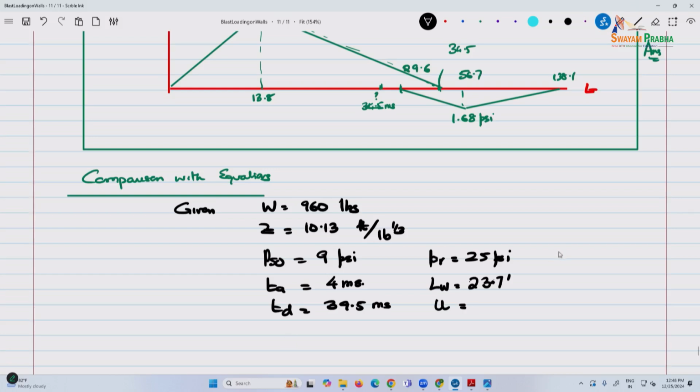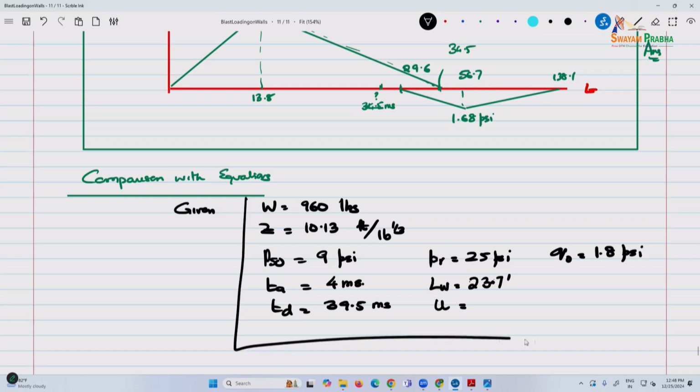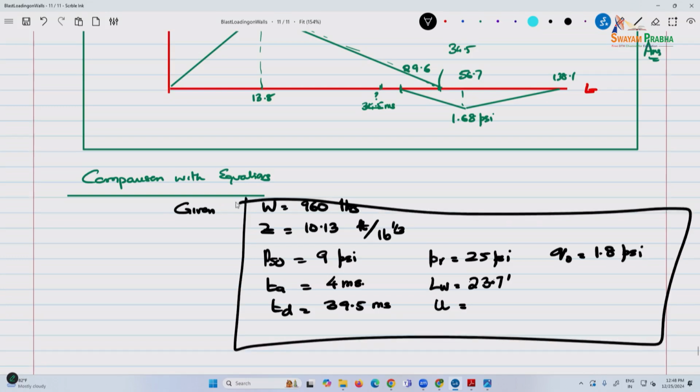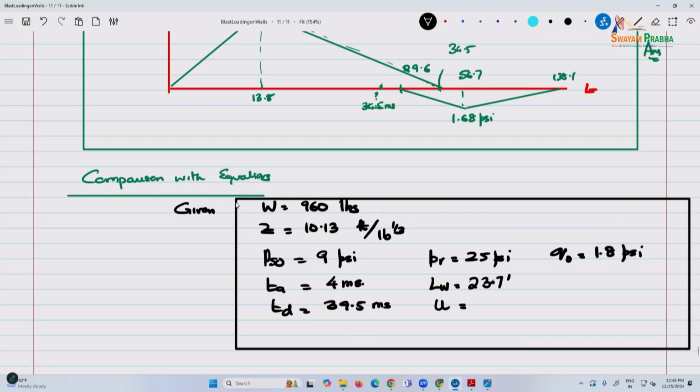And Q naught was 1.8 psi. So these were. Did we calculate U there? I think we did, right? Last wave, the speed.